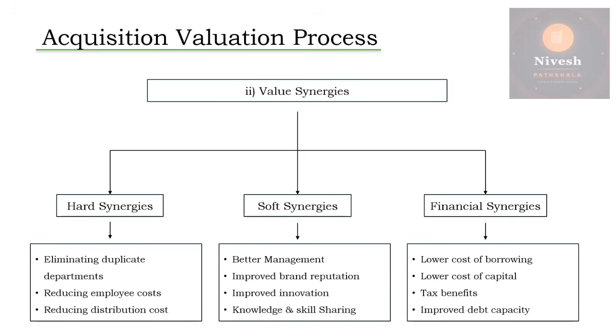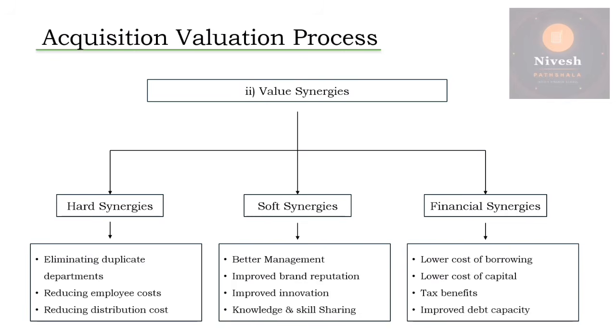They arise when the combined company achieves financial benefits that the companies could not achieve separately, like lower cost of borrowing, lower cost of capital, tax benefits, improved debt capacity. All financial-related benefits come under financial synergies. Okay, so the second step is valuing synergies.